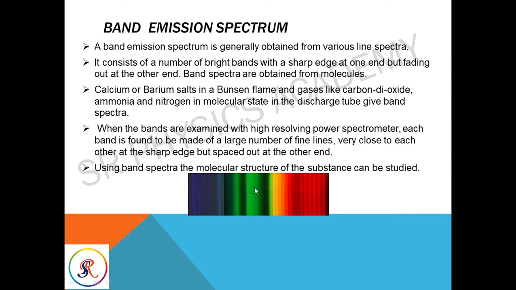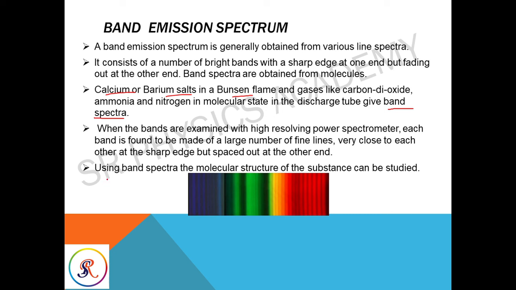Calcium and barium salts in a Bunsen flame, and gases like carbon dioxide, ammonia and nitrogen in the molecular state in the discharge tube, give band spectra. Even in the chemistry lab you can try this using calcium and barium salts and a Bunsen flame.